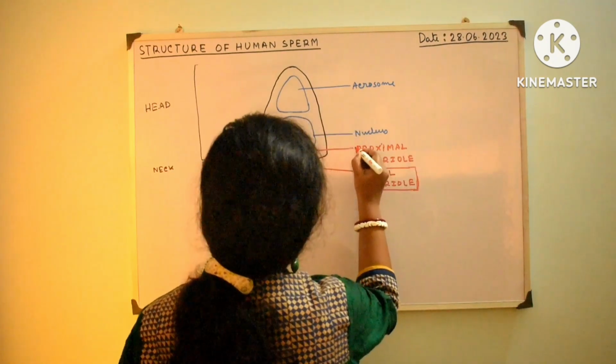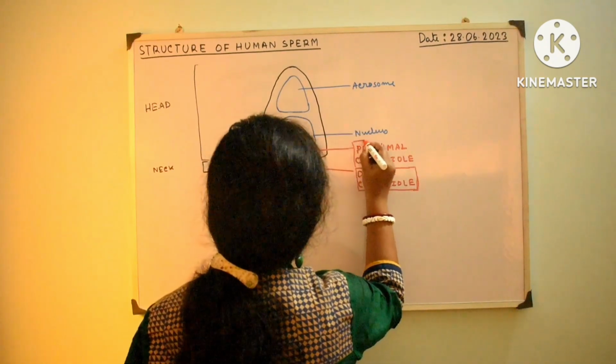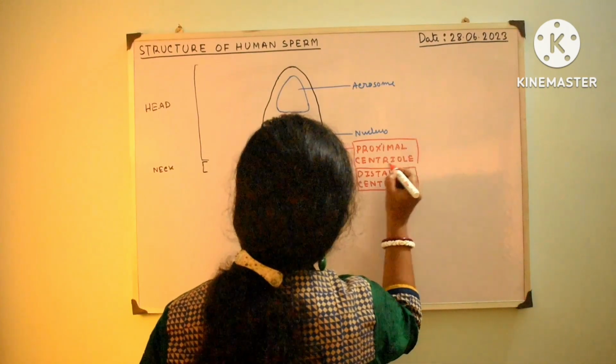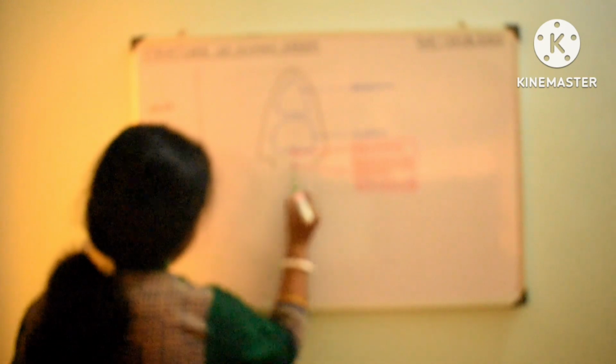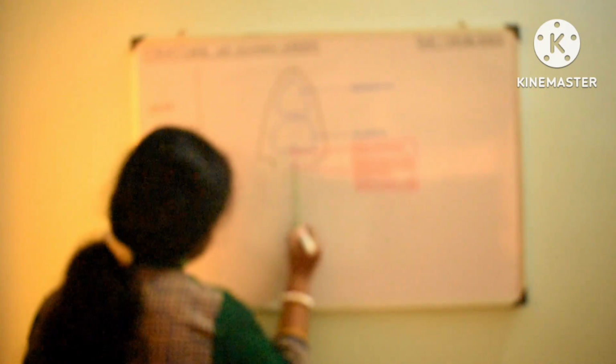Let's enclose them in a box. Axial filaments will be generated.